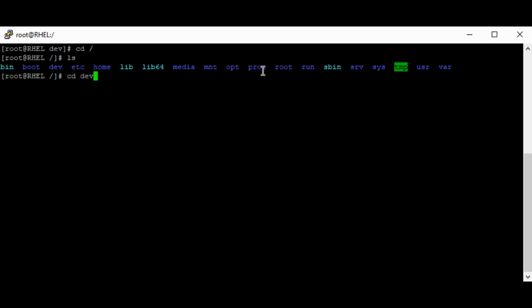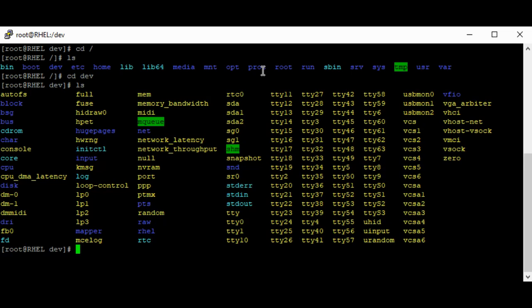Let's look at the dev directory. So we can see the blocks, the CD-ROM. We can see the partitions, the SDA, SDA1, SDA2, and the rest. So that's what this directory is meant for.